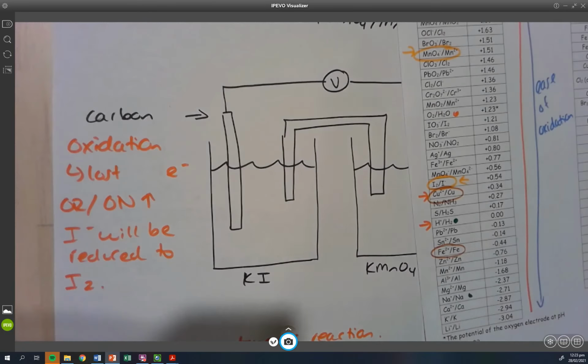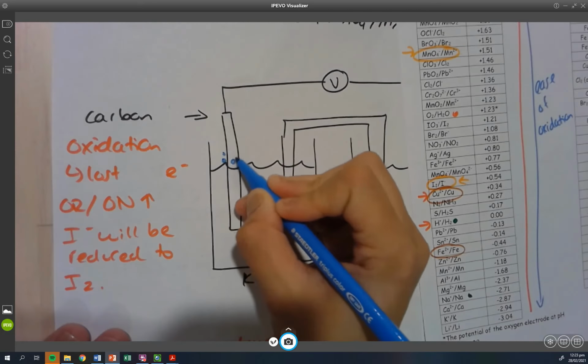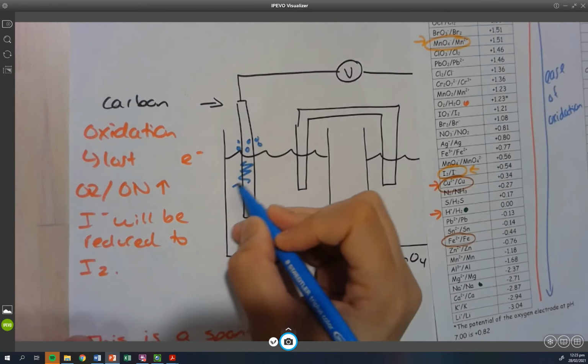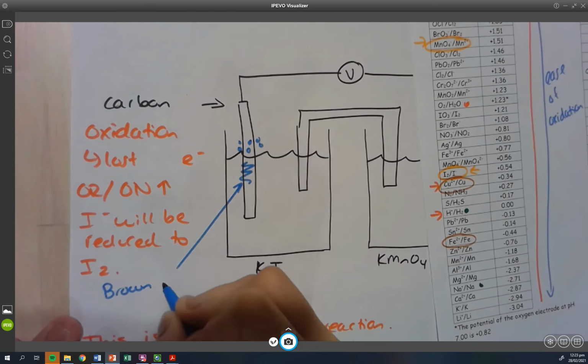It could be aqueous. It might come off as bubbles. It's quite heavy as a gas, so I might have some bubbles. Otherwise, I would be noting that there would be basically a brown color produced.